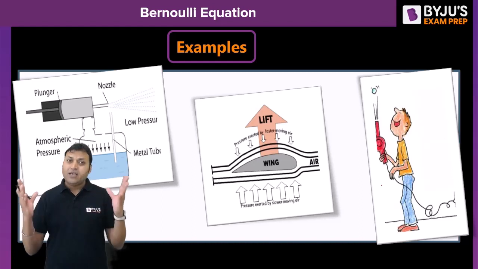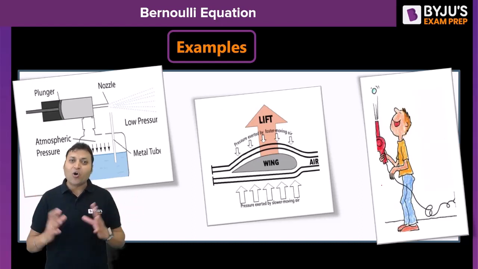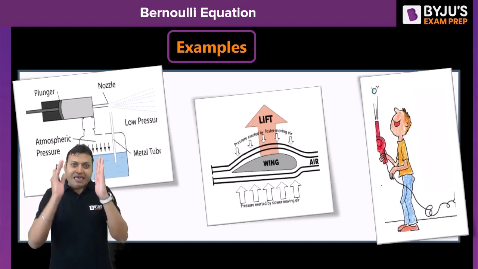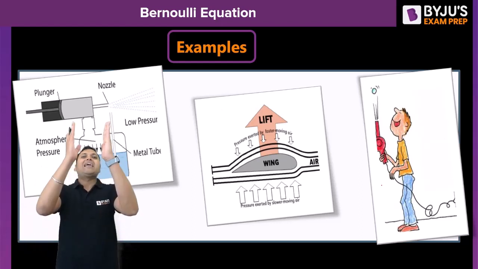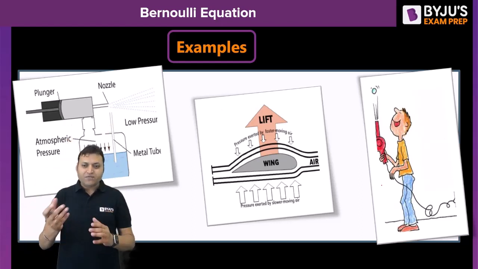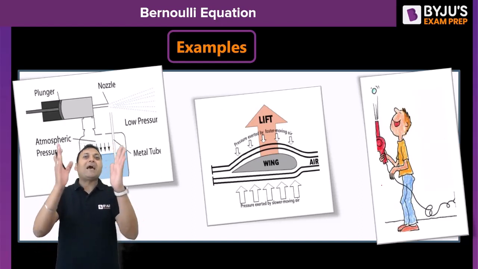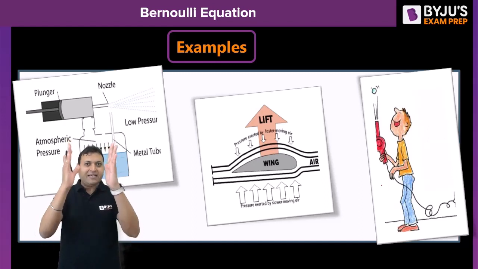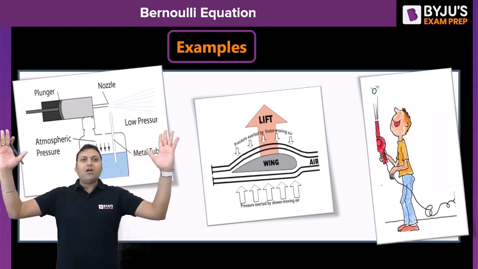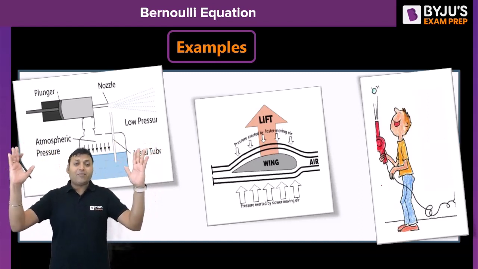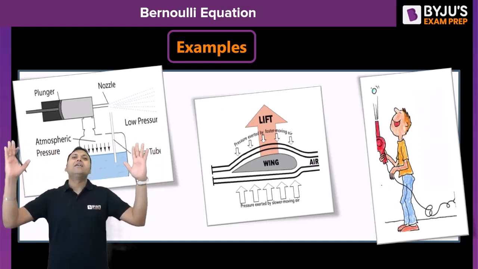Similarly, if we talk about a ping pong ball, how does it get balanced? The air near the ping pong ball has higher velocity because of this hair dryer. The higher velocity implies low pressure of air in that region. But away from the ball, the fluid has low velocity, so that means the air has high pressure.